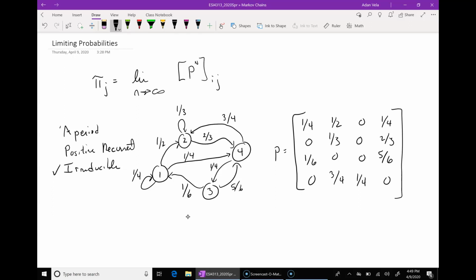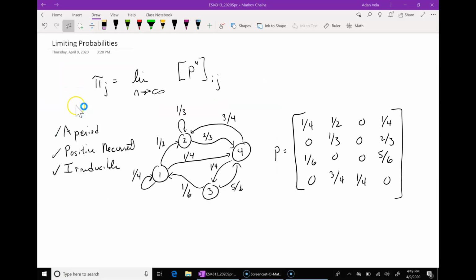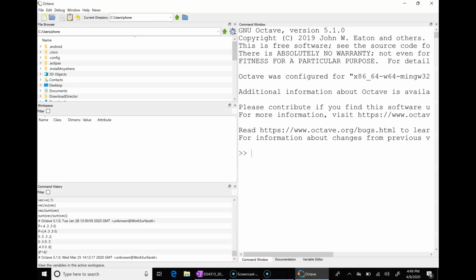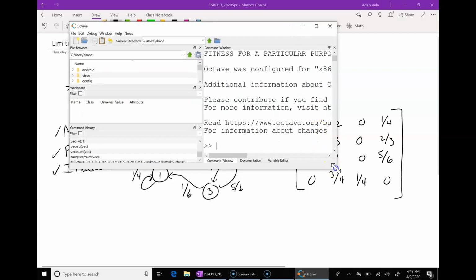It definitely is aperiodic, and it also ends up being positive recurrent. We can only use this technique if we satisfy these 3 properties, so our first step is to verify that we are in fact aperiodic.